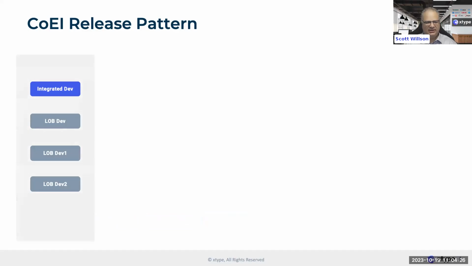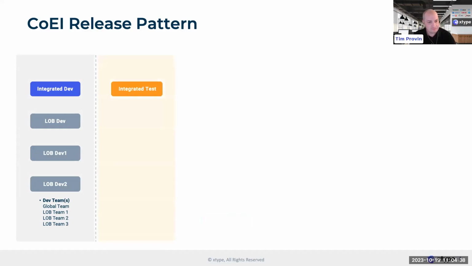Exactly. And collectively, we tend to look at this as basically your dev environment, right? And here are some of the team members, no surprise, developers. Right. But then we progress. You've got an integrated test environment. We have a bunch of team members listed here.